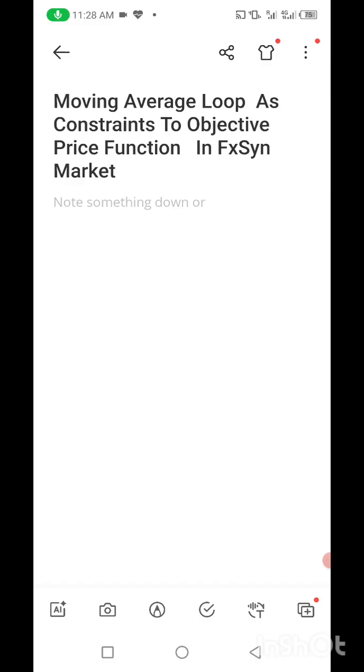Same way that trading platforms are constrained by developers' political ideas, economical ideas, and mathematical ideas, is the same way the price movement is constrained. The constraint element is the moving average loop, while the objective function that is being constrained is the price function. And price function also depends on certain things like economic policies, like fundamentals, and also technical events in the market, the chart patterns.